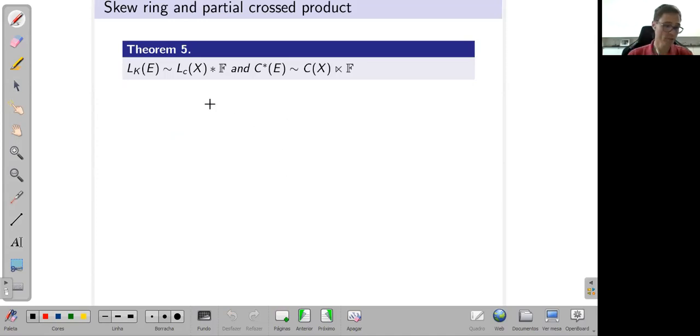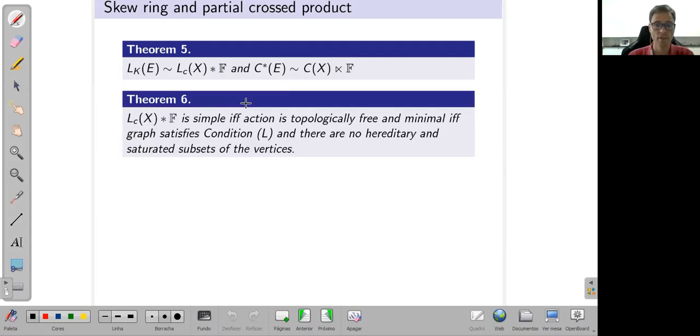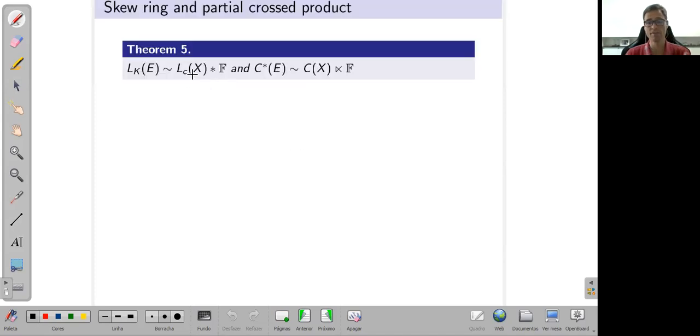And then one can show that the Leavitt path algebra is isomorphic to this skew ring. This is a result of myself and Danilo Royer. And the graph C*-algebra is isomorphic to the partial crossed product. This is Nadia Larsen and Toke Carlsen. They proved that. But now once we have this, of course, you can also go the groupoid way.